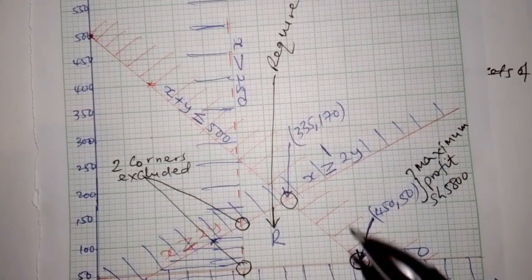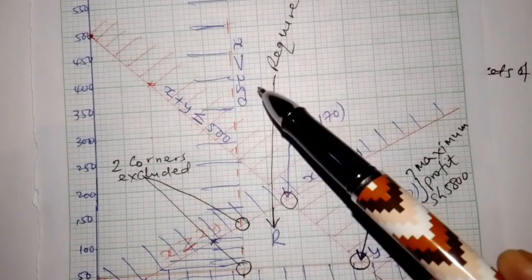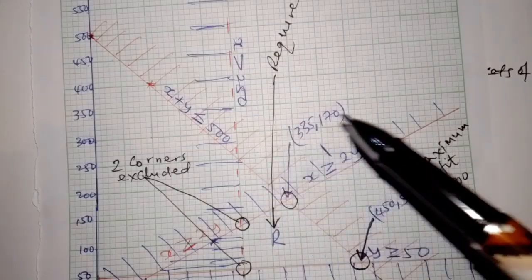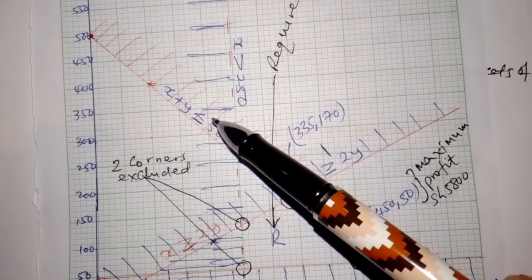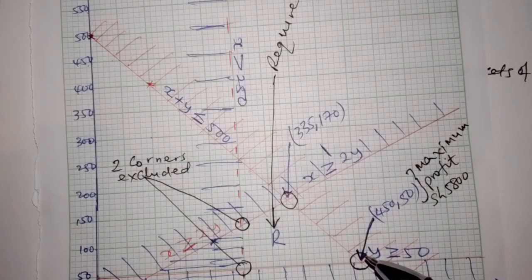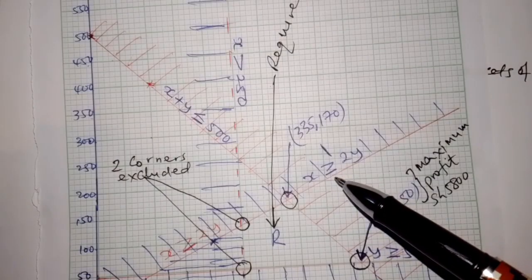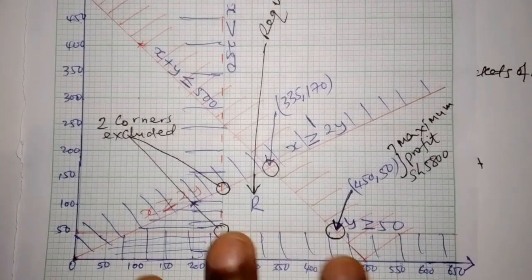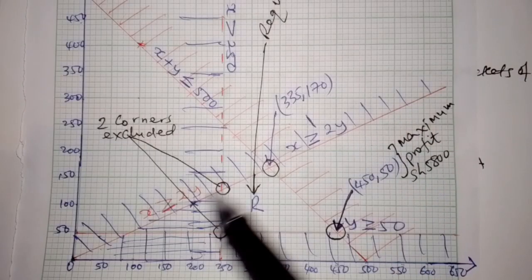We can see that X is greater than 250 is a broken line. X plus Y is less than or equal to 500 is a continuous line. X is greater or equal to 2Y is a continuous line here.